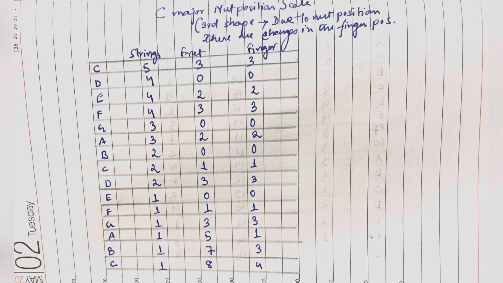Because this is the nut position, it has different fingering. So we have to understand this fingering, and it shouldn't be applied to other scales. This is to be remembered. The third shape is to be applied like I showed for the G major scale for the rest of the scales. Only for the nut position of C major do we use a different fingering pattern.